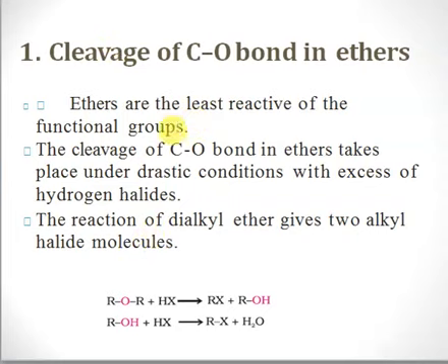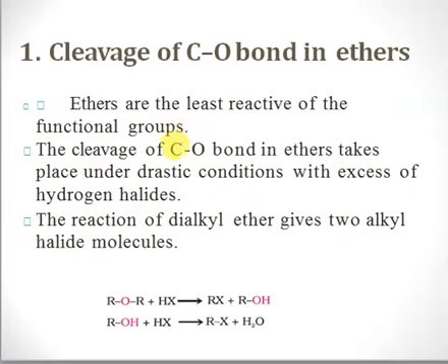Right? So for the reactions of ether, firstly we consider what happens if we break the carbon-oxygen bond. Since ethers are least reactive, you need to give very harsh, drastic conditions. If you are using milder conditions, then this bond cannot be broken.